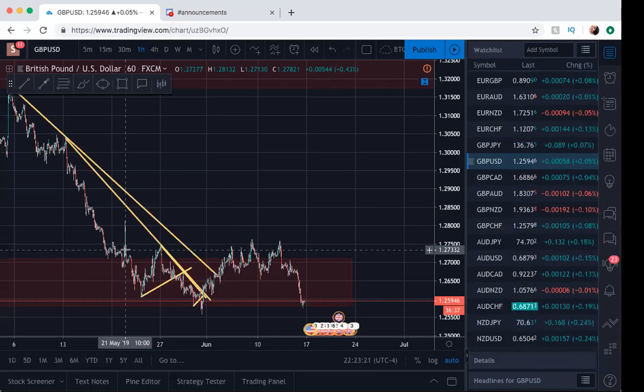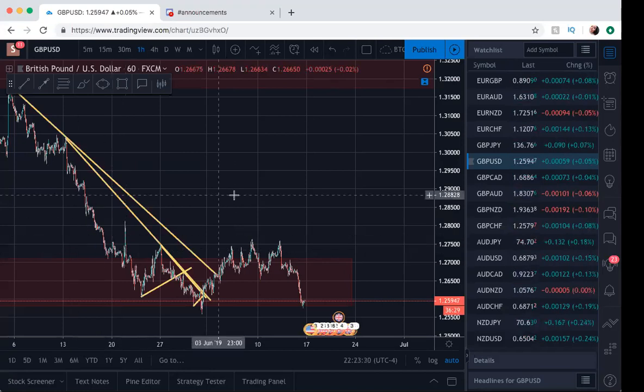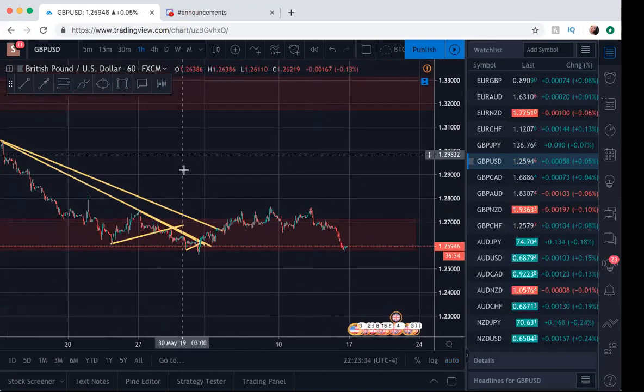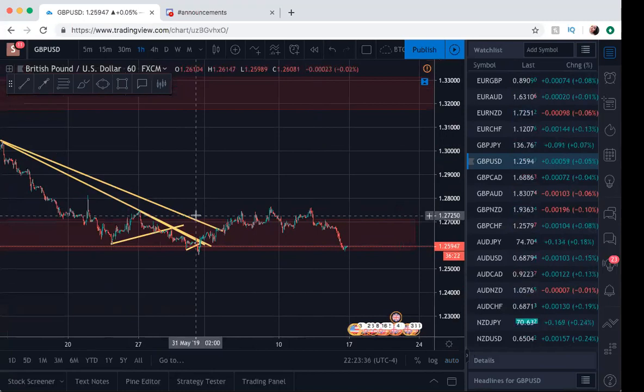And when this happens is from 8 p.m. to 12 a.m. Eastern Standard Time. So you can actually stick vertical lines on your chart and see this happen. So from 8 p.m., so that's 18 to 00.